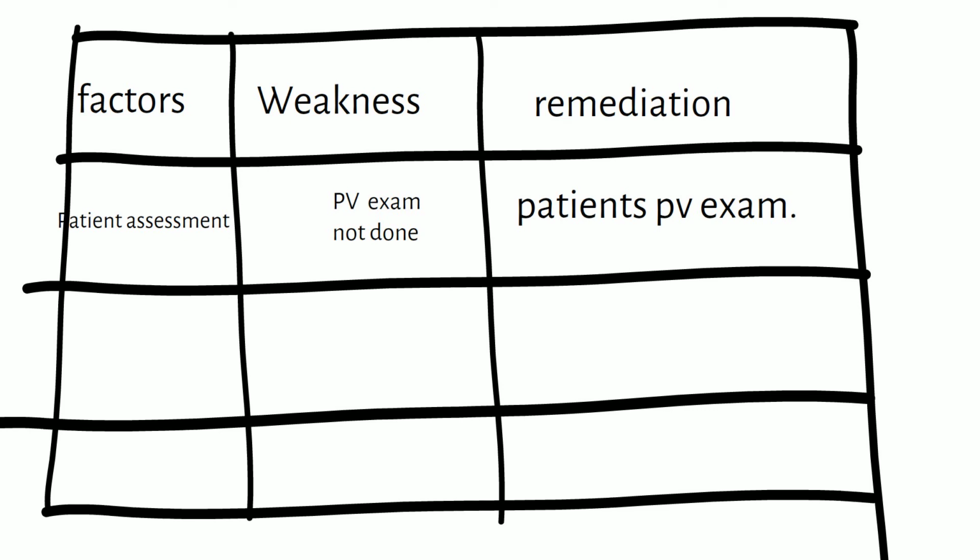Similarly, we can go into each and every one of the factors and identify the weakness and remediation and come to the conclusion that there is no policy for the assessment to be done on a patient who is transferred to the labor room or admitted to the labor room or transferred from the labor room to the ward.